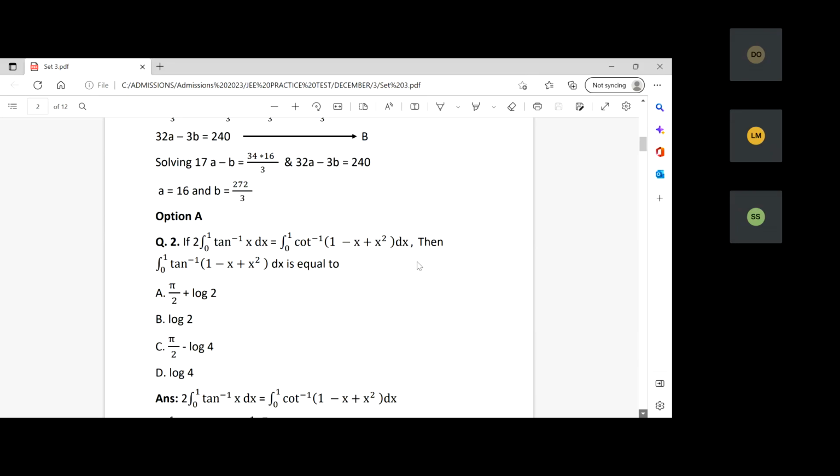So think how we are going to solve this. What is given in the question is 2 into the integral 0 to 1 of tan inverse x. I want to find the integral 0 to 1 of tan inverse (1 - x + x²) dx. Just assume or think how we are going to solve it.